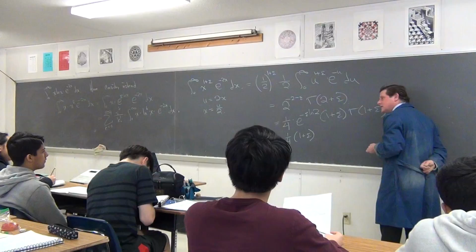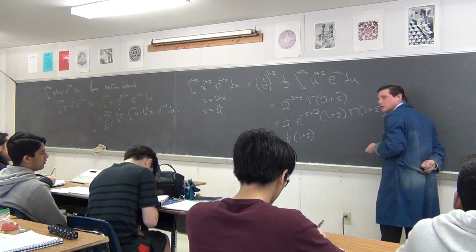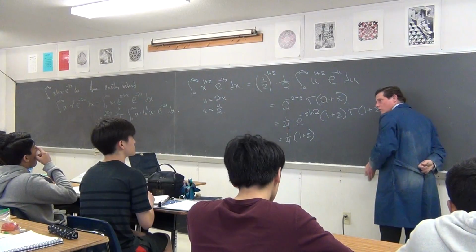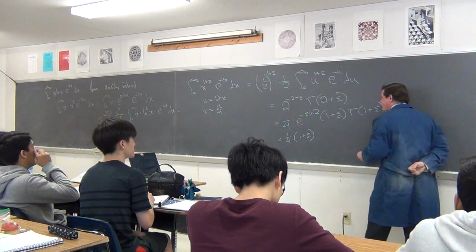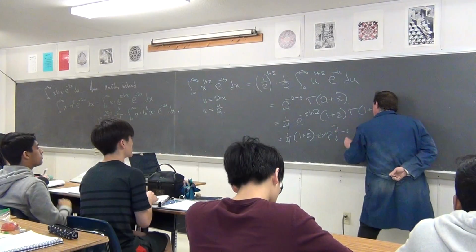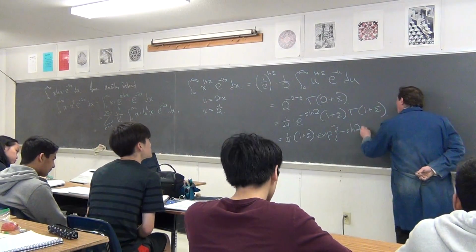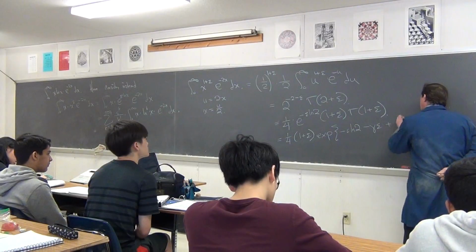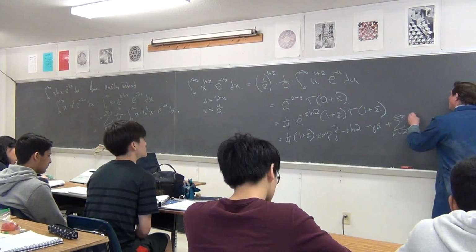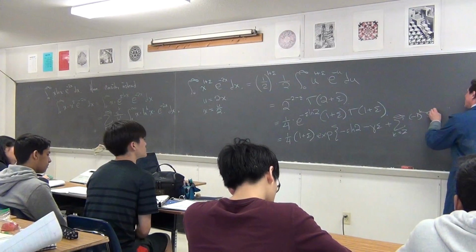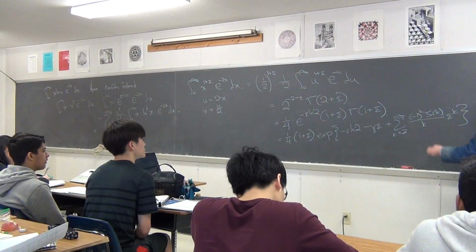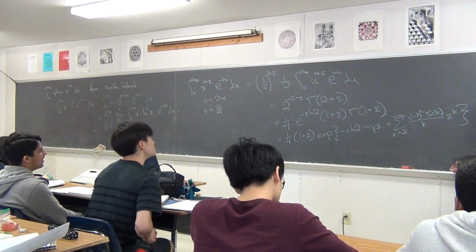It will look very scary until we recognize that we only want the coefficient of epsilon, at which point it will simply give it to us. All right? Exp of minus epsilon log 2 minus gamma epsilon plus the sum from k equals 2 to infinity of minus 1 to the k zeta k by k epsilon to the k. Does that make sense to everybody?